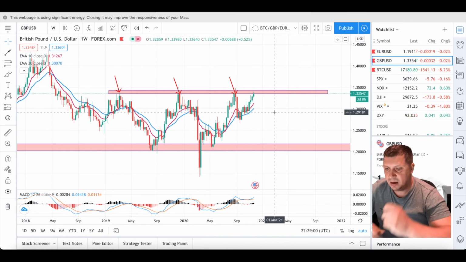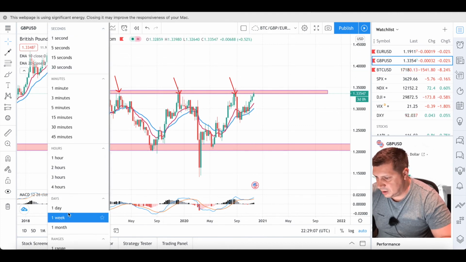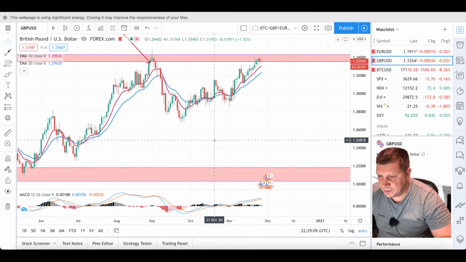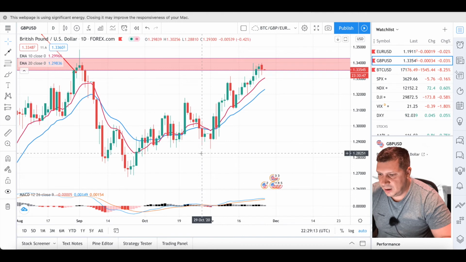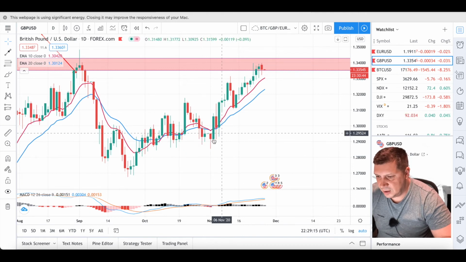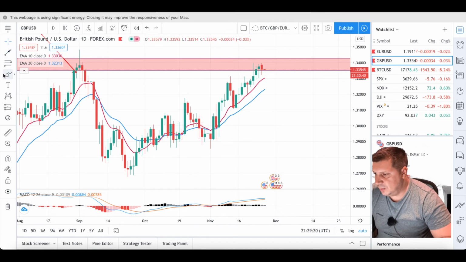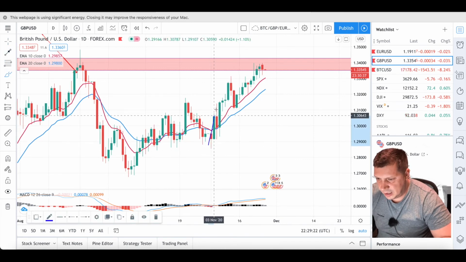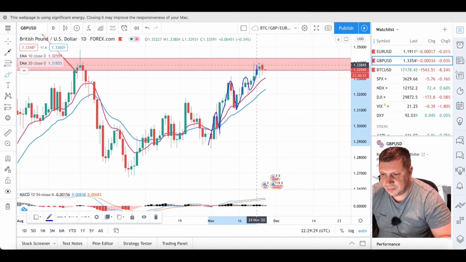Okay, but should we take a short now? Let's go to the daily market and see what's going on. On a daily market, we have the so-called COT strategy, where we were moving up, taking a correction, moving up again, making a correction, moving up again, making a correction, moving up again, and this is another correction.